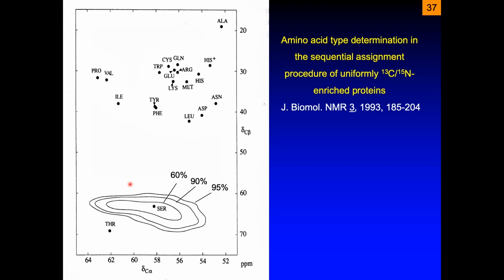Now you could do this distribution in a much better way with more statistics, but the outcome is qualitatively this. So in reality, you don't observe the random coil shift, you observe some shift in this region. And where does this come from? It's coming from the fact that the C alpha and C beta shifts strongly depend on the secondary structure.